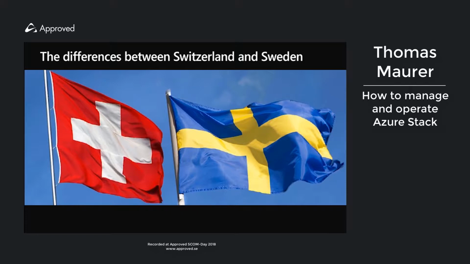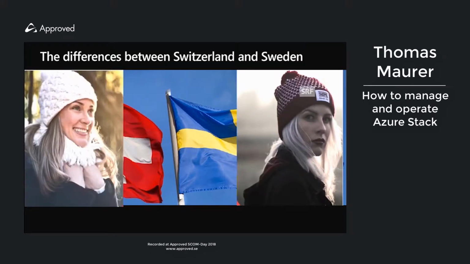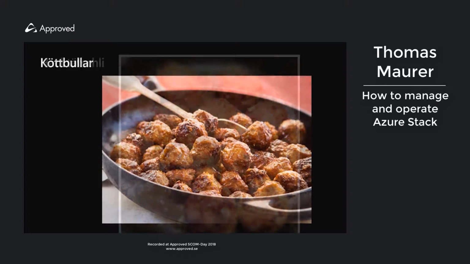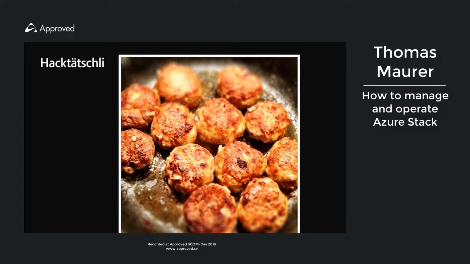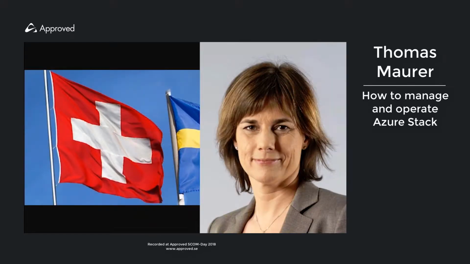So let's first start with the women. This is a typical woman in Sweden, and this is a typical woman in Switzerland. You can see completely different, right? Then you have Köttbullar. I hope I typed it right? We have something in Switzerland which is totally different. It's called Hacktätschli, actually. Completely different thing. And then we have politicians like yours and ours.